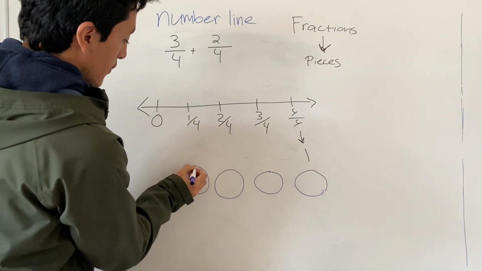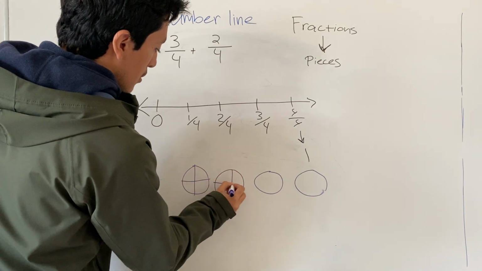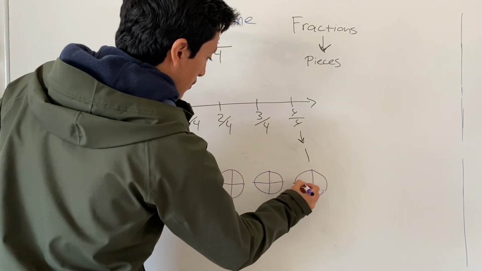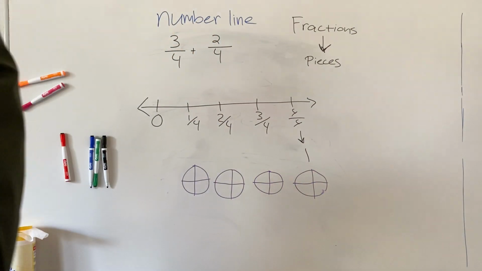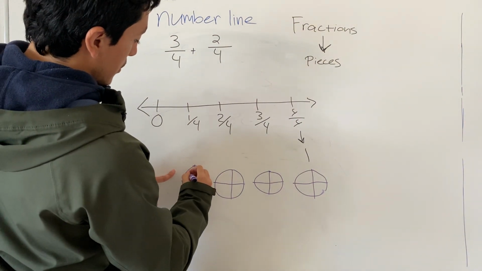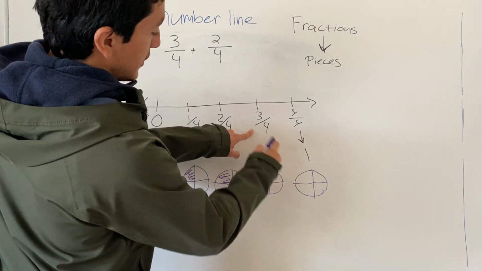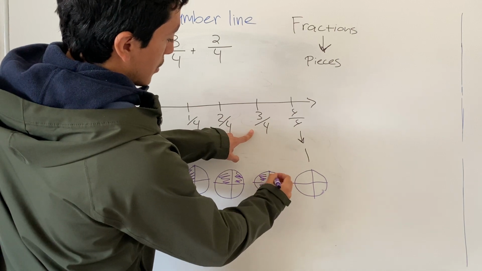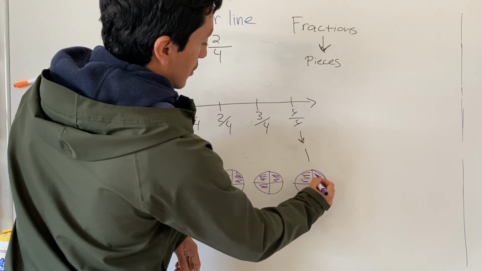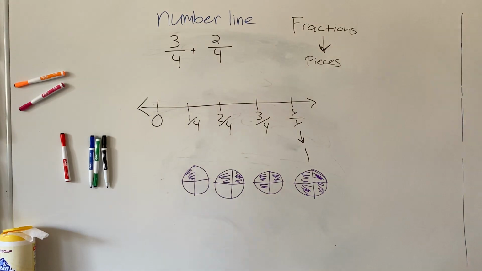Total pieces? 4. How many is this one shaded in for? 1. 1 over 4. What about this one? 2. 2 over 4. What about this one? 3 over 4. And this one, all of them are filled up. It is a full circle. It is one whole. Everything's filled up, okay?